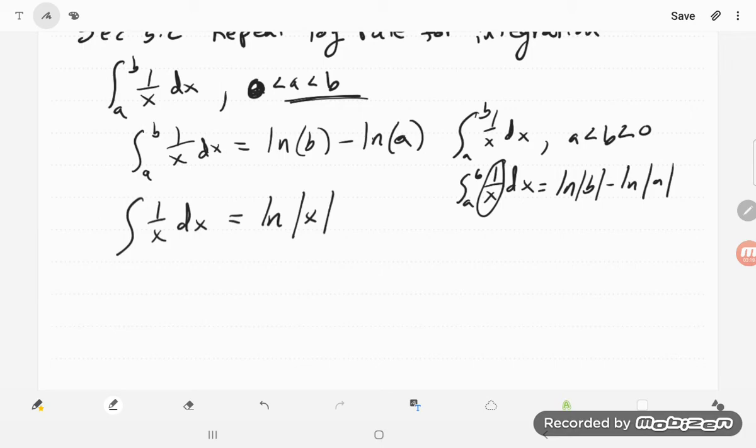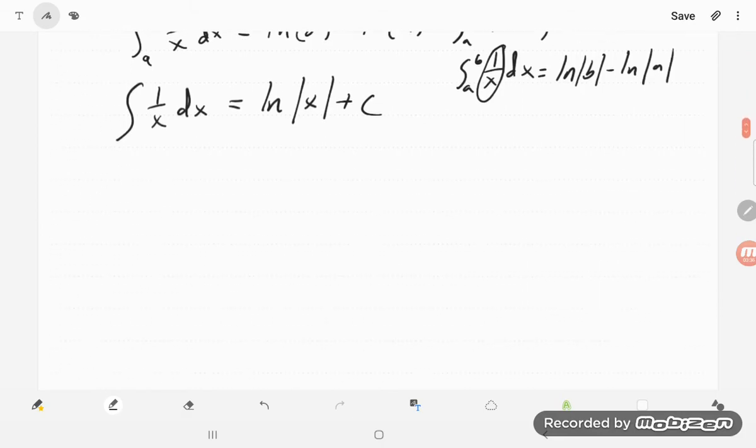So it is very important that you have that absolute value in there. And I don't think I had mentioned the plus c there. So there's our antiderivative. And now, we can use that with a chain rule sort of thing.